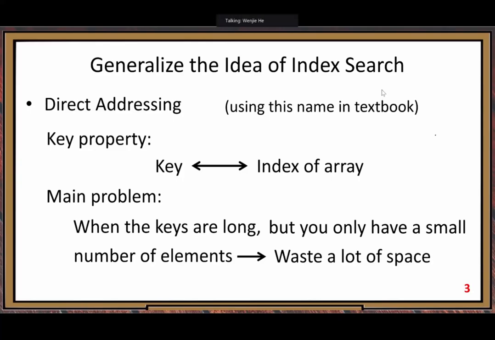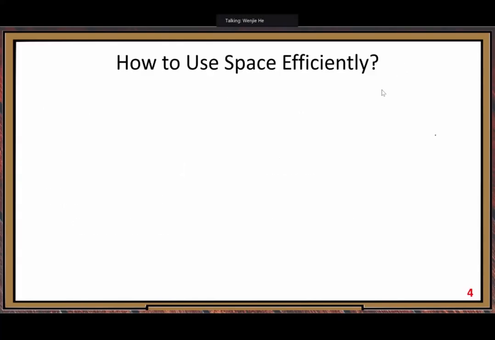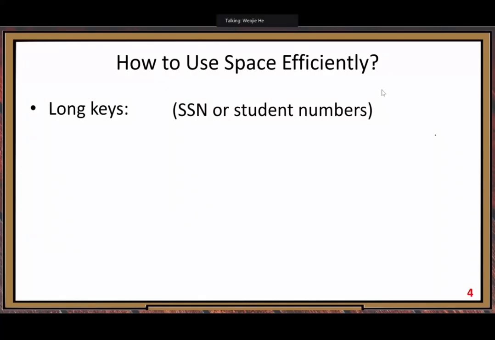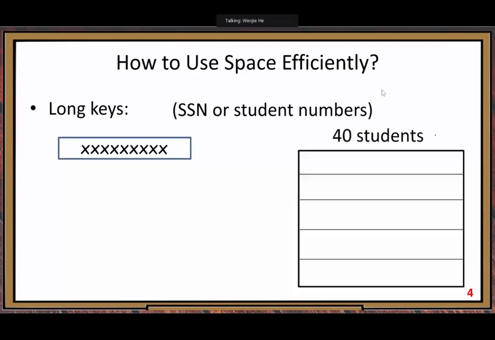Let me use a simple example to show you this point: how to use space efficiently. Long keys, for example, social security number or student number, are usually relatively long keys, right? 7, 8, 9 digits. Many digits.